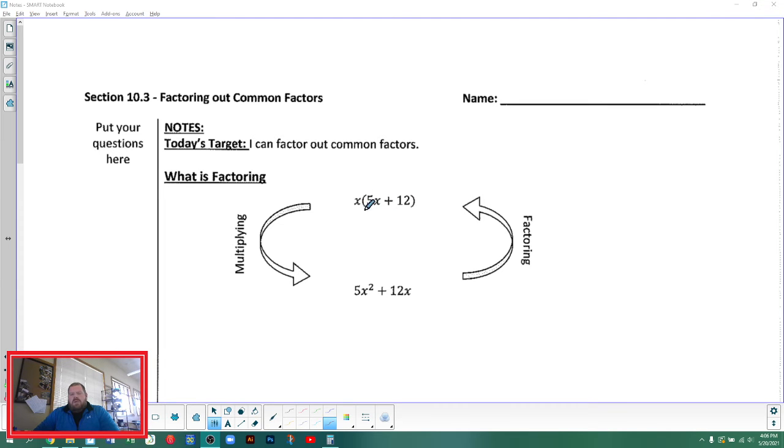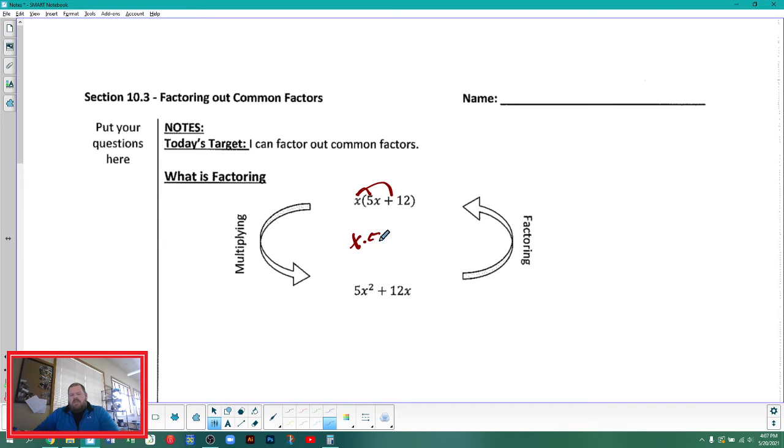If you remember from yesterday, we talked about multiplying polynomials, where I would take this and say this is x times 5x plus x times 12. And when I simplify that, when I write that as cleanly as I can, I get this, 5x squared plus 12x.